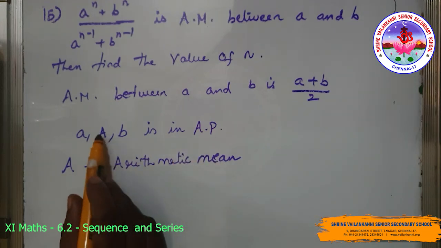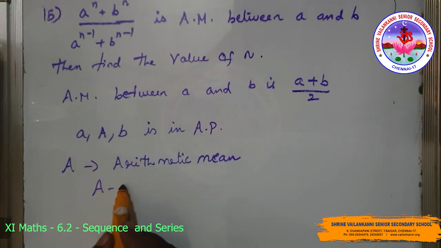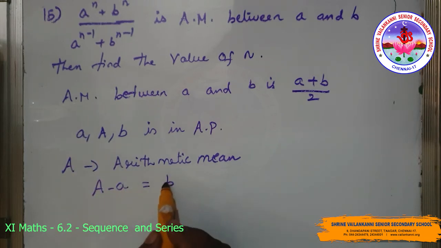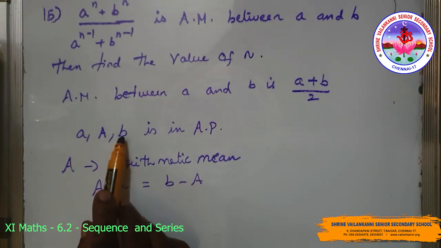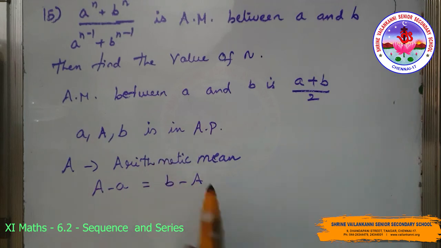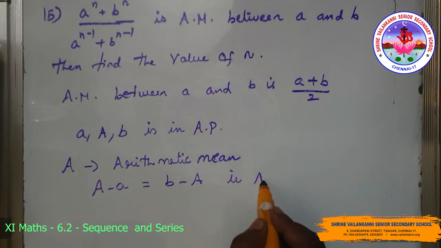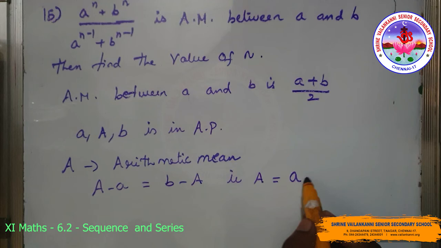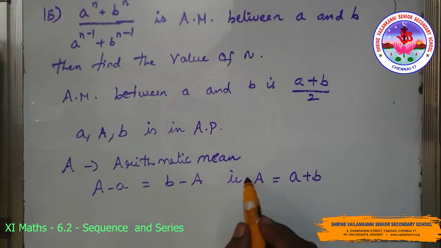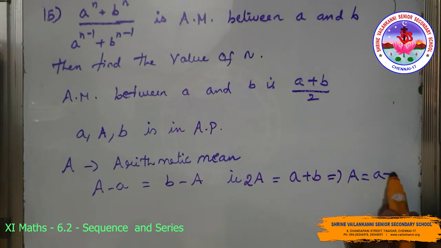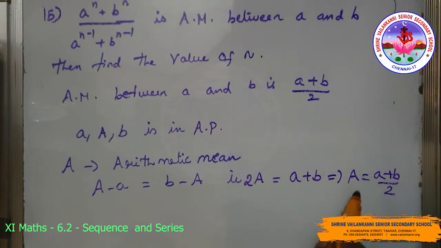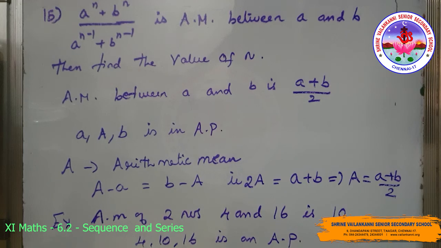We have the difference between these two, A minus a, which is equal to b minus A. So finding the common difference, A minus a equals b minus A. So that is 2A equals a plus b. So that A equals (a plus b) by 2, where A is called the arithmetic mean between two numbers. So AM equals (a plus b) by 2.